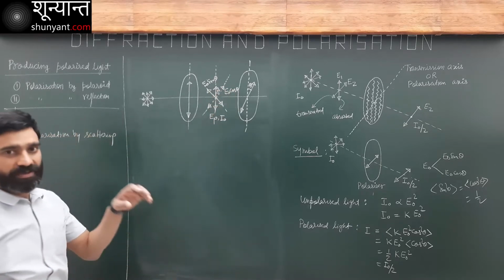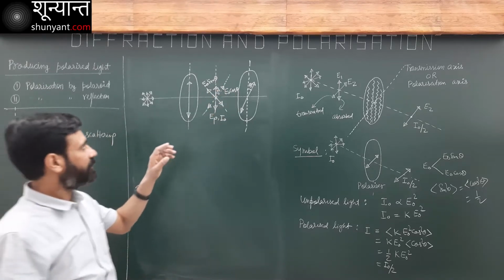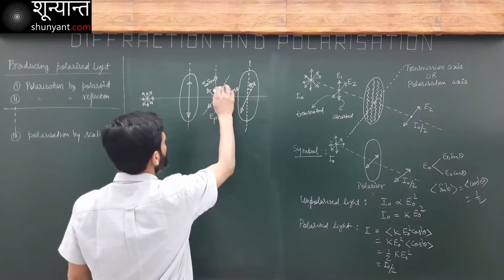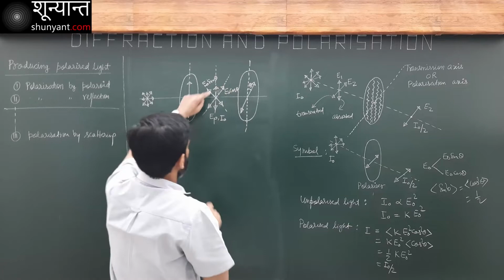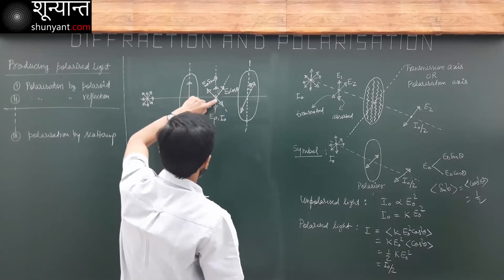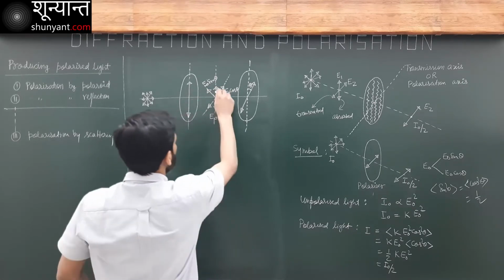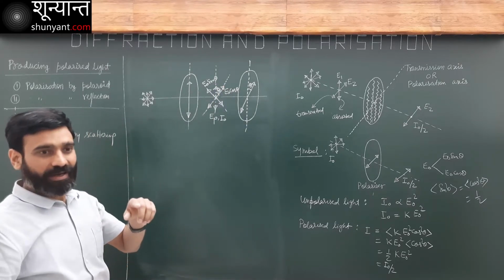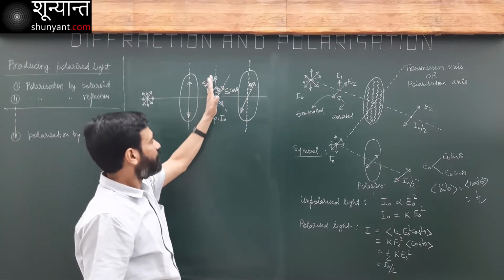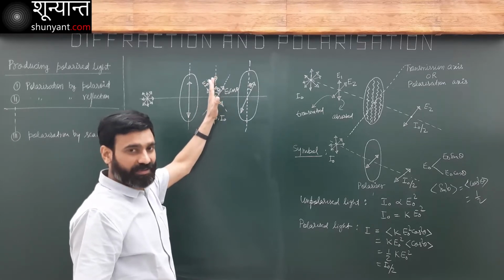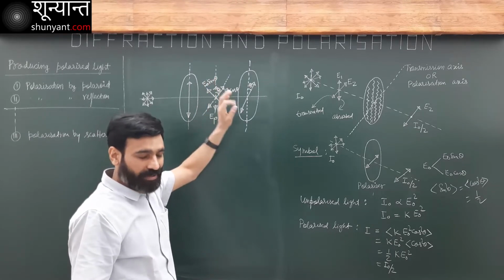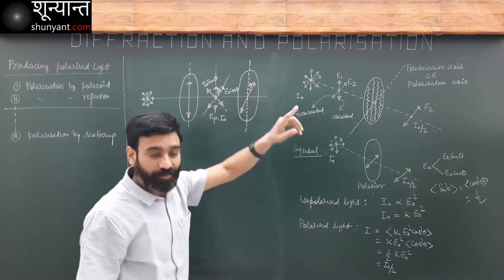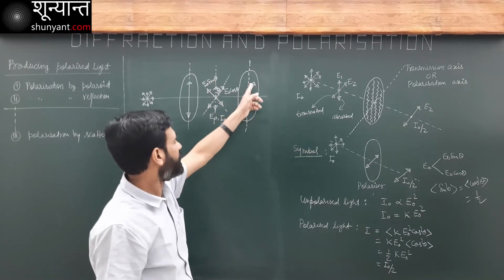So what we are doing? First we are polarizing the light, and then we are passing that polarized light through another polarizer. The angle between the plane of polarization of the incident polarized light and the polarization axis of the other polarizer is theta.